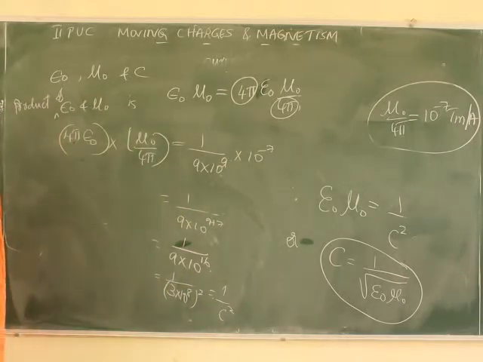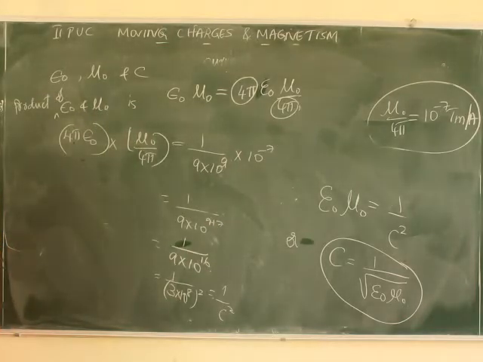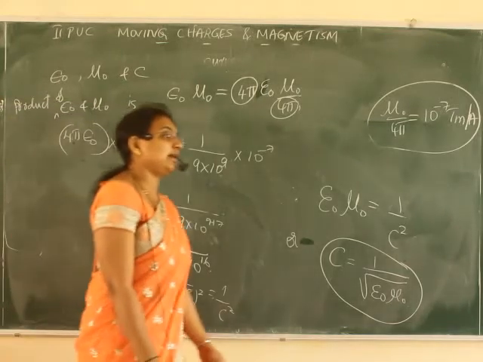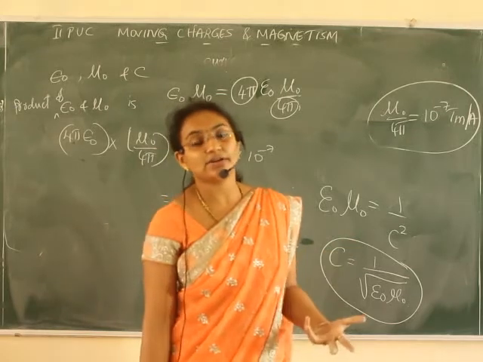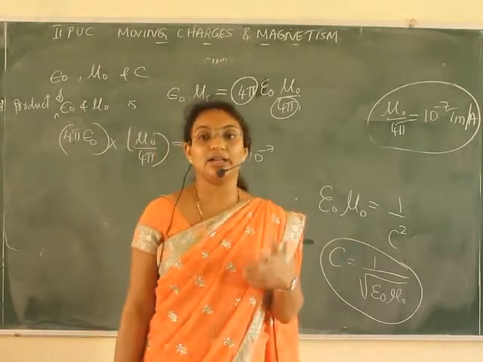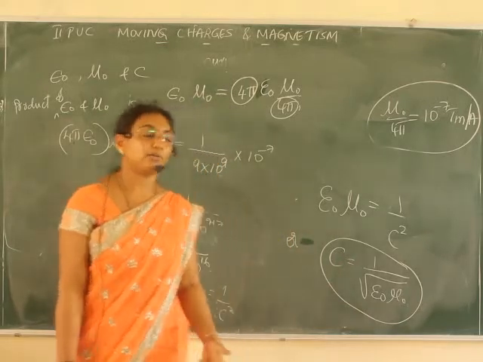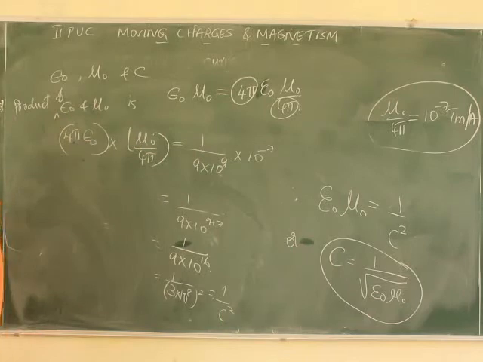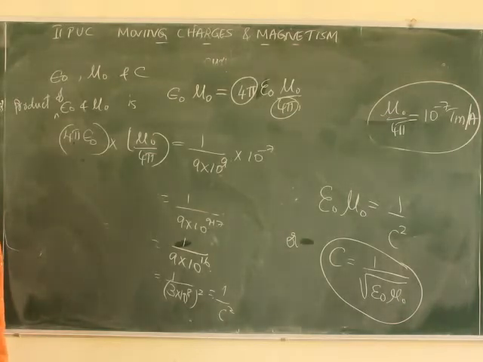It is the product of the charges, and the square of the distance. Charges are scalar quantities, whereas here we have the I dl vector and the r vector. They are in vector form. So the magnetic field is produced by a vector source, whereas the electrostatic field is produced by a scalar source.